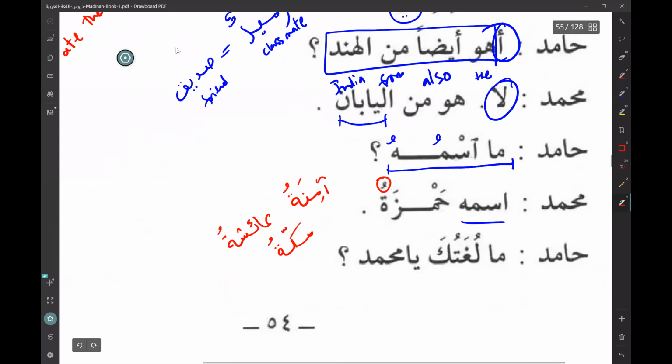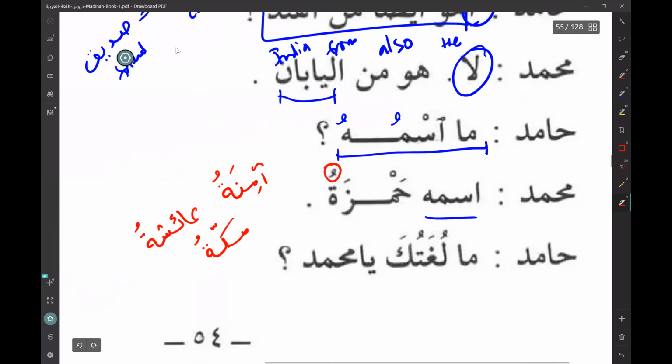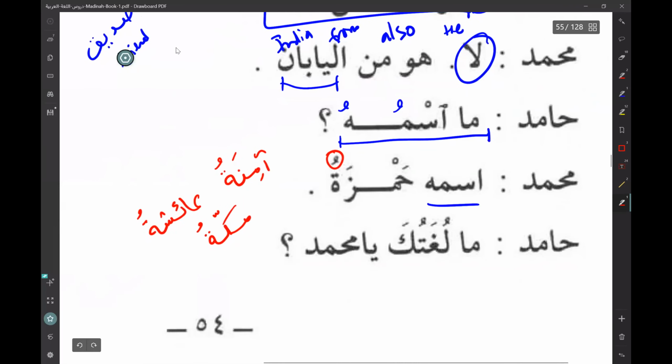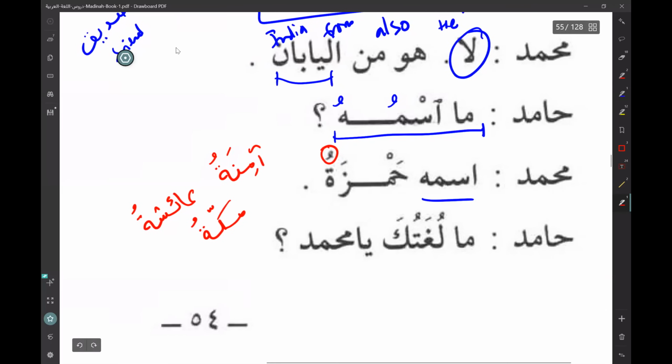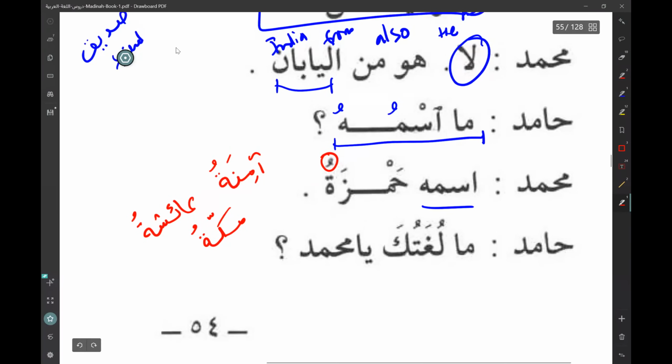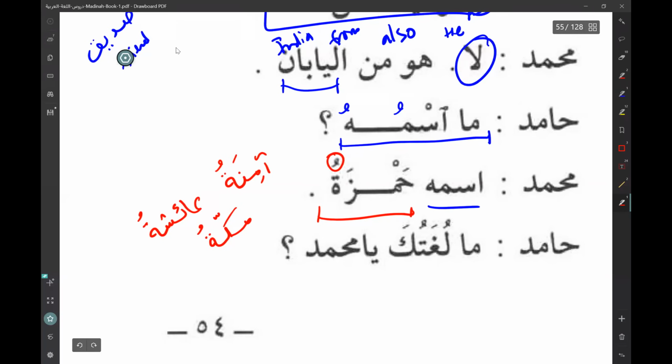Honestly, this is something that you cannot study one day and master everything. It's something that you have to get used to as a concept. That's why the book gives it to you slowly, bit by bit. And that's why the book didn't even give you Hamza in the beginning, to avoid confusing you even more. It is a male name for sure, but you still have a tamarbuta, so that's how they see it.